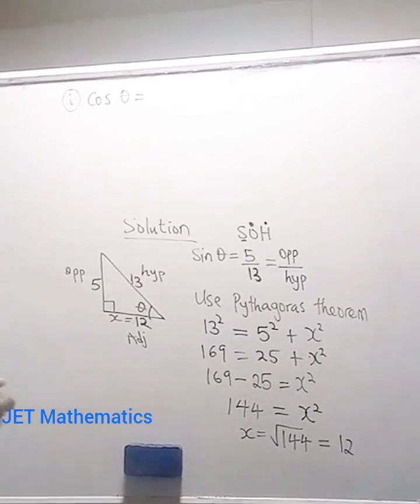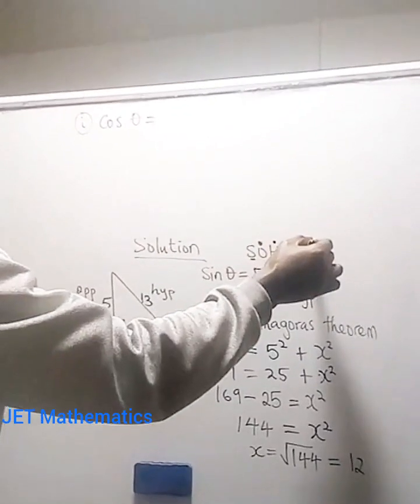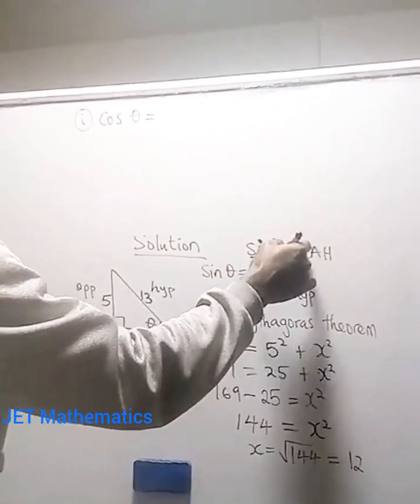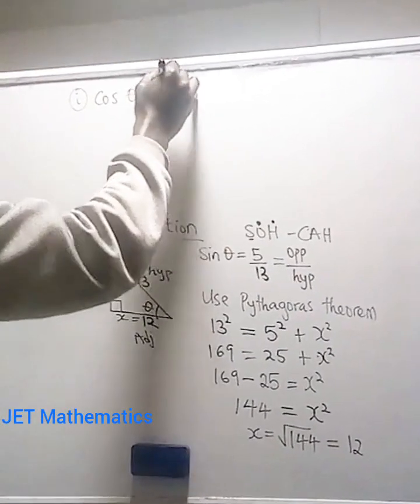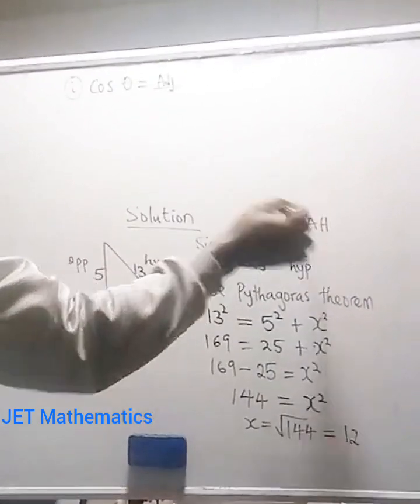Remember we said cos theta is, remember your CAH, which is adjacent over hypotenuse.